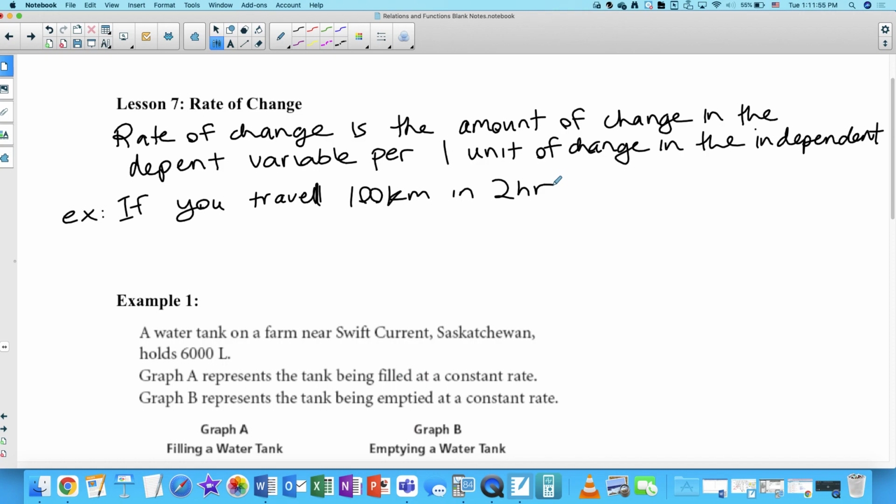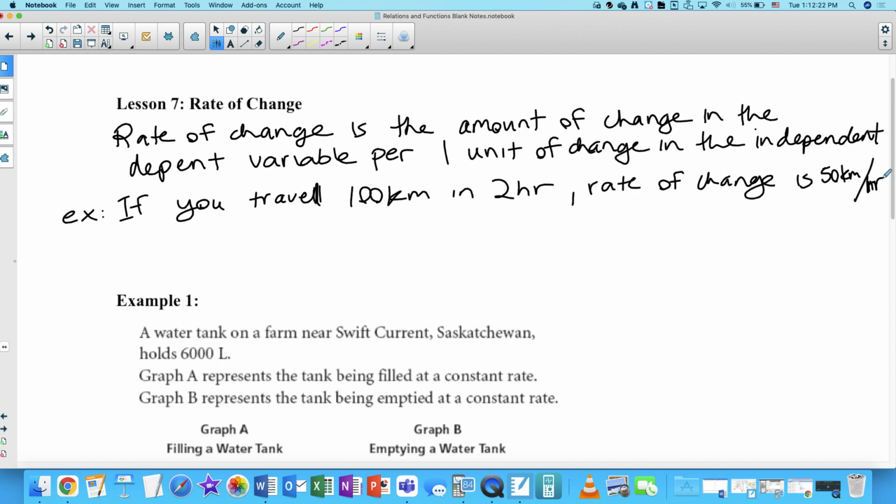Yep. 50 kilometers per hour. Per 1 hour, you're traveling 50 kilometers. The rate of change is 50 kilometers per hour, right? This is per 1 hour, but you don't have to put the 1 in there.